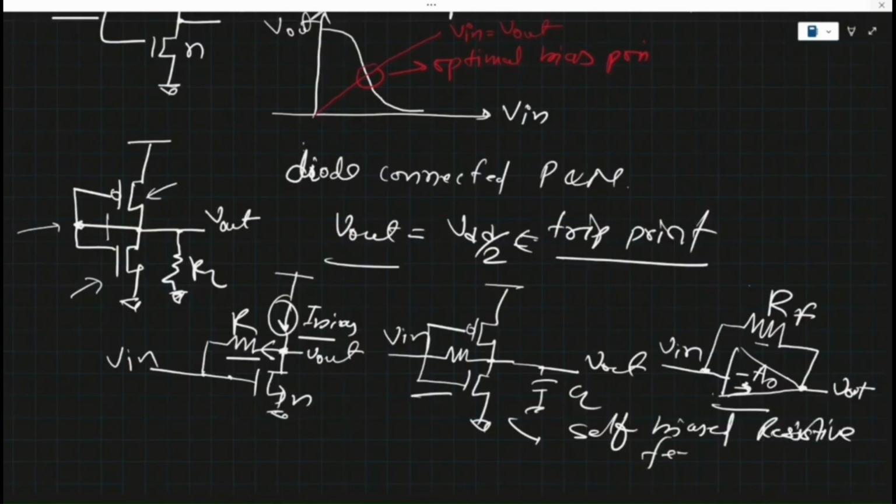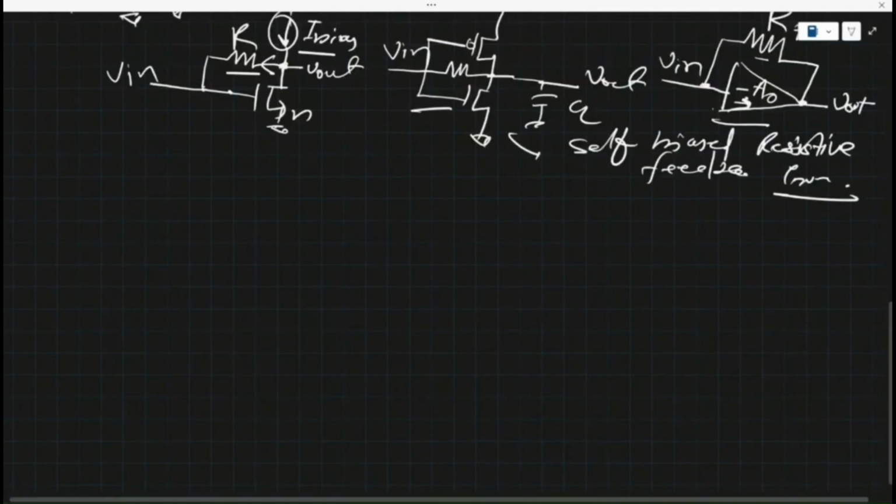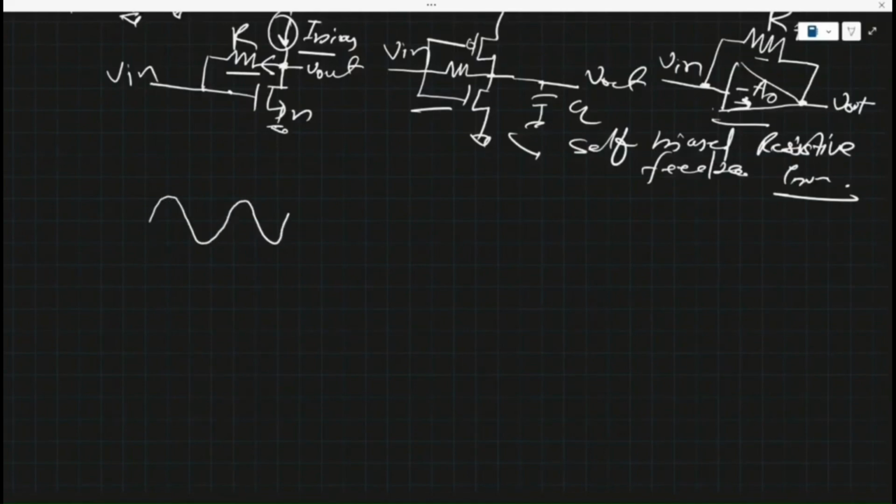All right. Now, what if we have an AC signal whose input common mode level we want to reject? This is the AC signal, and its common mode level we know. If we want to reject that common mode level and amplify the signal at the same time, we need amplification.